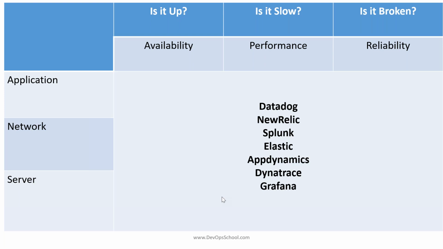Now it's in everything. AppDynamics was into performance monitoring. Now it's in everything. Elastic was earlier into log analysis. Now it's into everything. Splunk was into log analysis. Now it's in everything. New Relic was into APMs. Now it's in everything. And Datadog was in infra cloud monitoring.